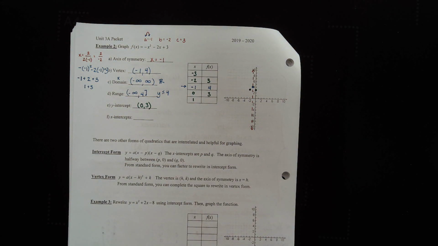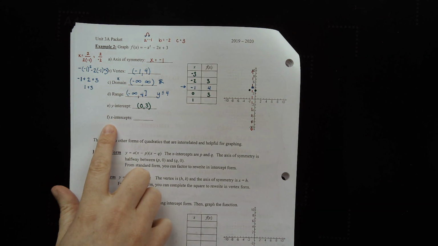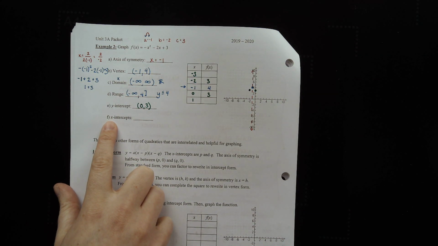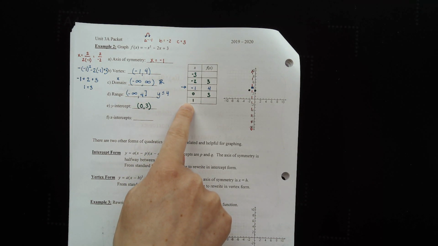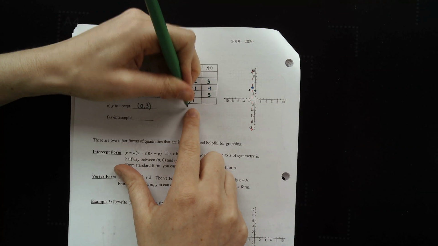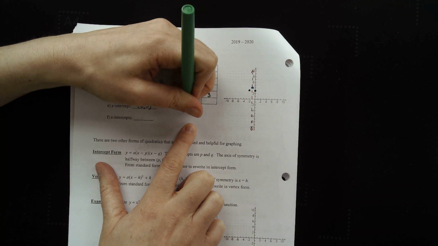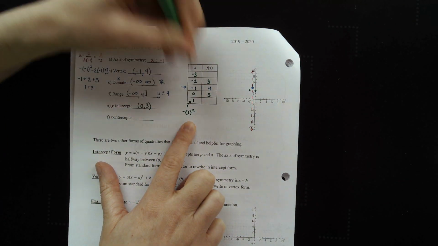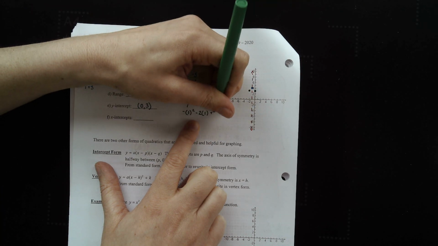And now in my last example, I factored in order to find out what my x-intercepts were. And I can do that again on this one, but I also want to show you if you just have these x values filled in, you can find any value just by plugging it in. So if I look at this 1 and I plug it into the equation, I'm going to do negative 1 squared minus 2 times 1 plus 3.